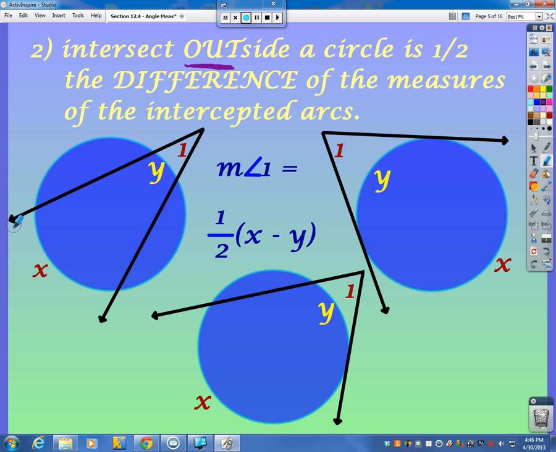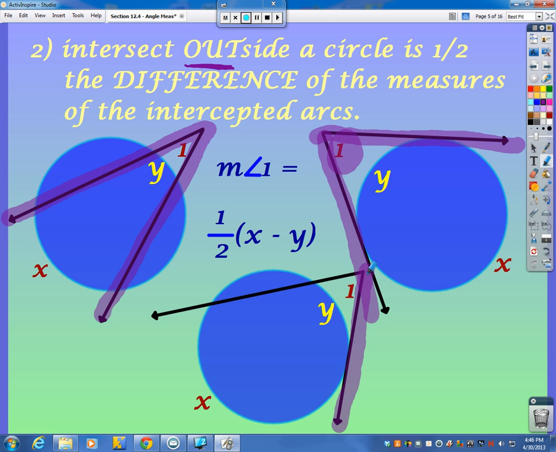Number 1, we could have secants or chords, 2 of them, and it creates an angle. We could have 2 tangents that create an angle in between, and this will still apply. Or we could have a combination, 1 tangent and 1 secant or chord, and that angle is equal to half of the difference of the 2 arcs that it traps.